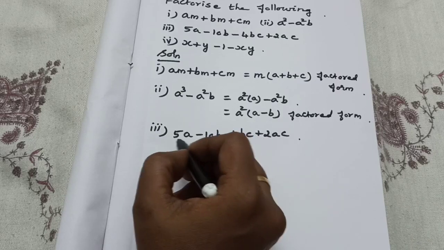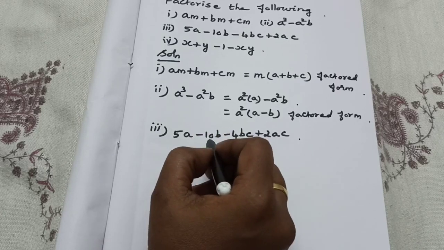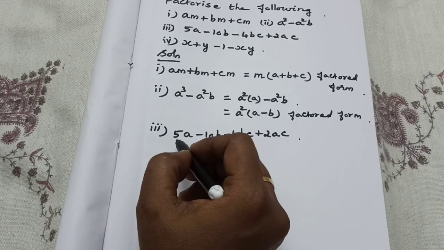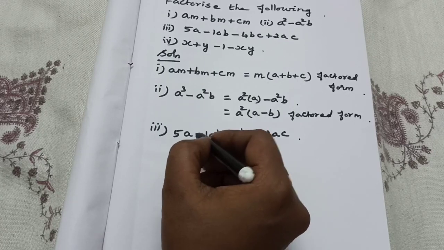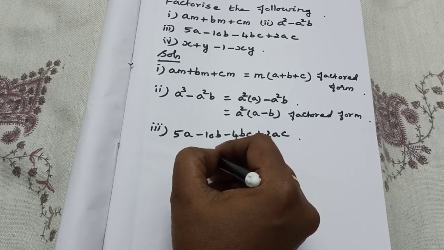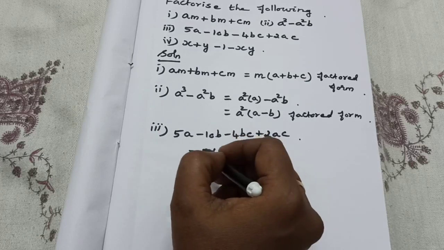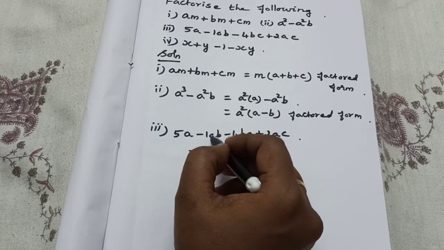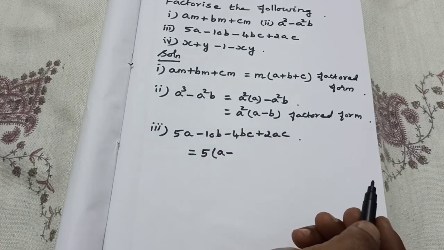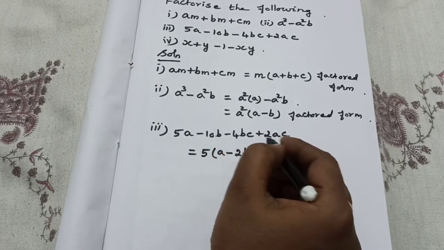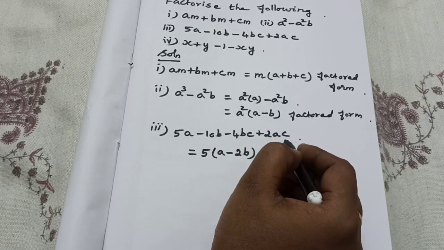Here 5 is common, and 10 is there, so we can take 5 outside. Remaining A minus 2B.